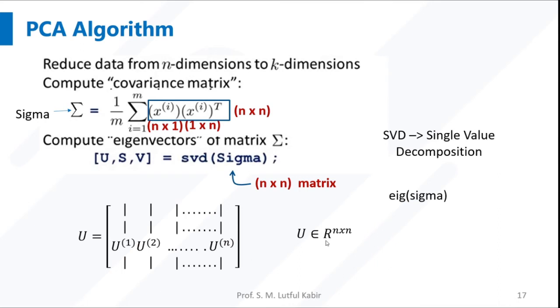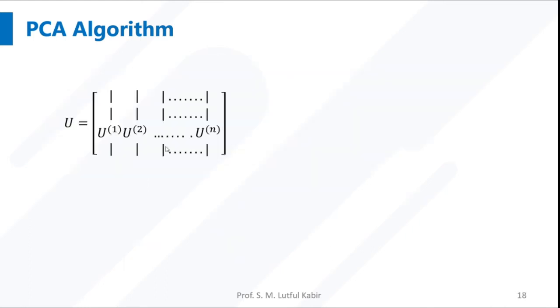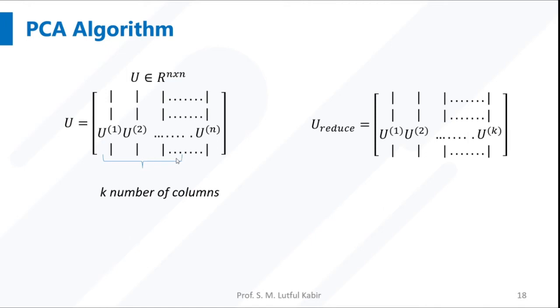So U is of order n by n, and among the n columns, you just take the first k columns. If you take the first k columns, you will get a matrix, and its name is U reduce, U1 to UK.